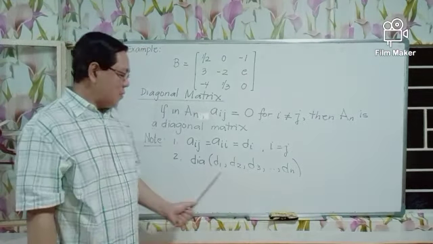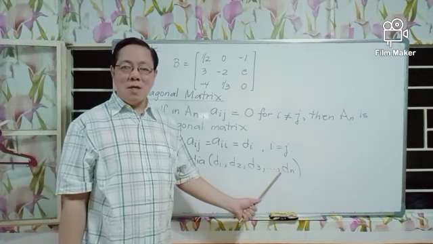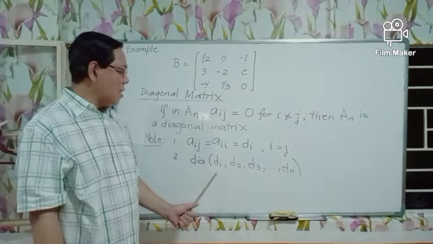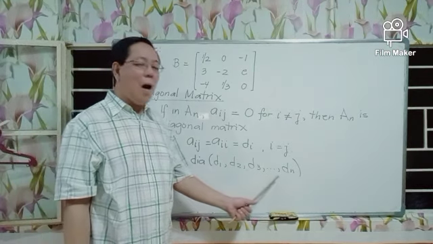If you see this notation, this denotes a diagonal matrix whose diagonal entries are d1, d2, d3 up to dn.